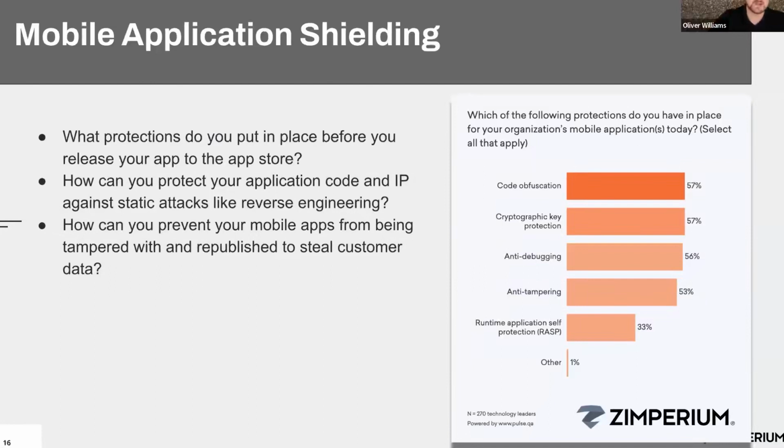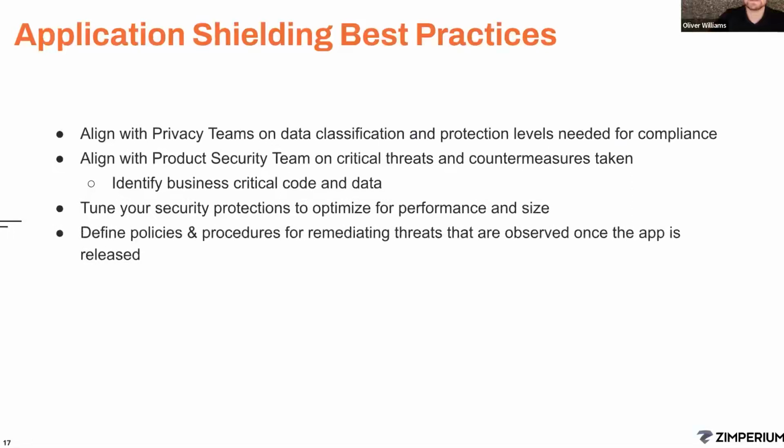Talking about some best practices in the space, there's a lot of alignment needed. Okay, so both from the privacy and product security teams, there's a lot of understanding that you need to have and make sure it's clear around things like data classification and how you protect those different areas of data.